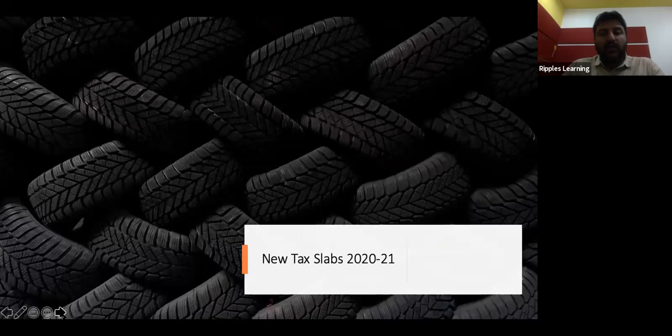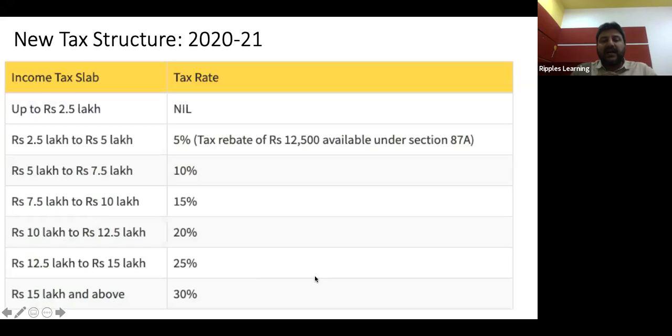Okay. Now talking about the new tax slabs for 2021. Now these are the new tax slabs for 2021, starting with 0 to 2.5 lakh. If you carefully look at them, we can see that many new slabs have been introduced with a lower rate of taxation.